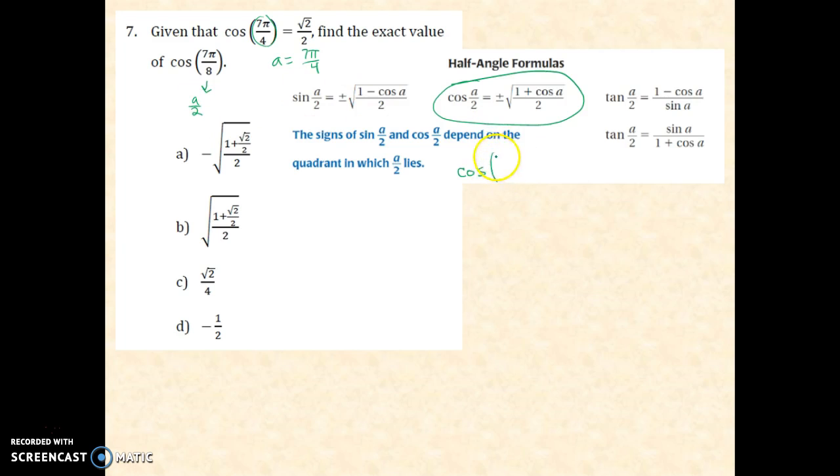So cosine of 7 pi over 8 equals plus or minus the square root of 1 plus cosine of A. Well, cosine of A is cosine of 7 pi over 4, which they tell us is square root of 2 over 2. And this is all over 2. And I want to make sure that my radical comes all the way down, so it doesn't look like I'm only doing the square root of the top here.